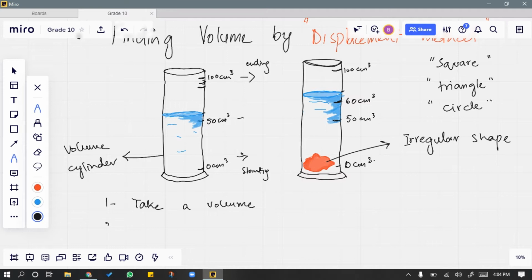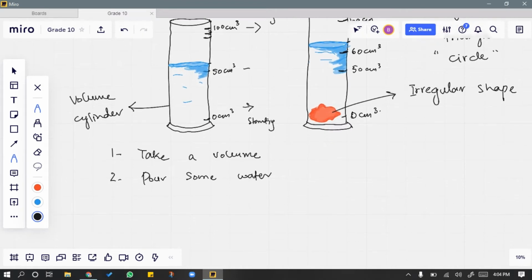Second, pour some water to such a level that the object which you want to measure will be dipped completely inside the water. For now, you don't have to dip the object. Just take a cylinder and pour some water. Third step, note down the reading of the water.